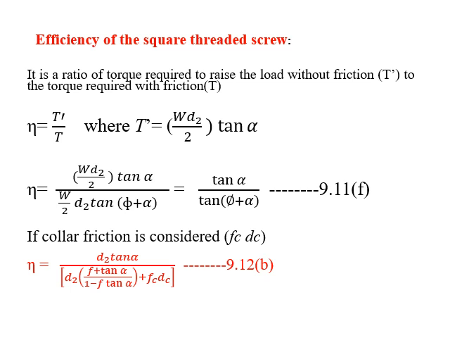Or else, if the collar friction is added, then that part will also be added, which you can get in equation 9.12B in your design data handbook.